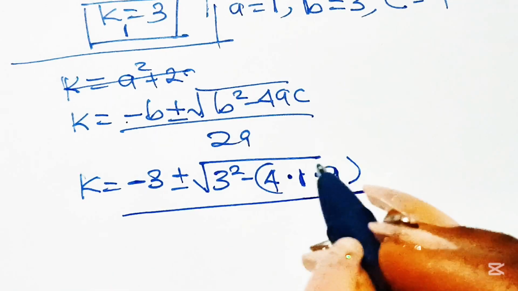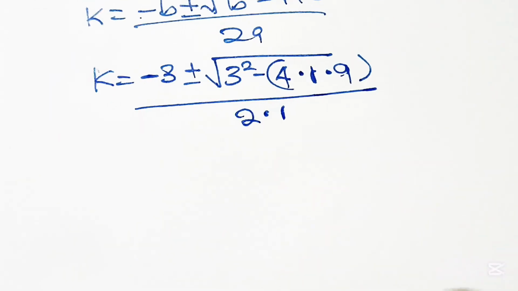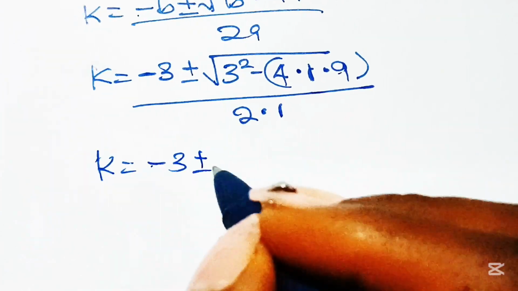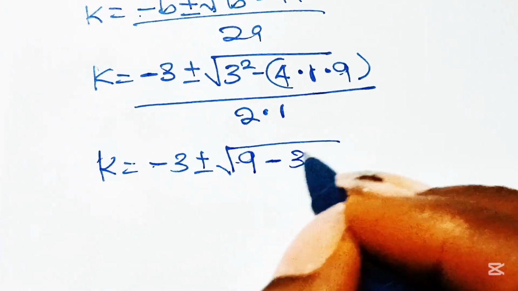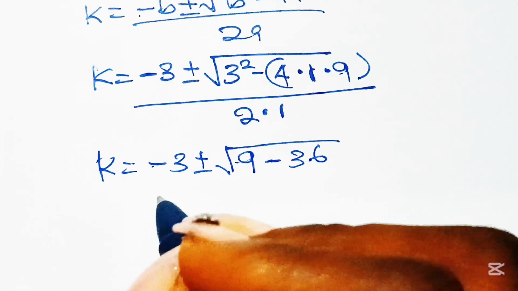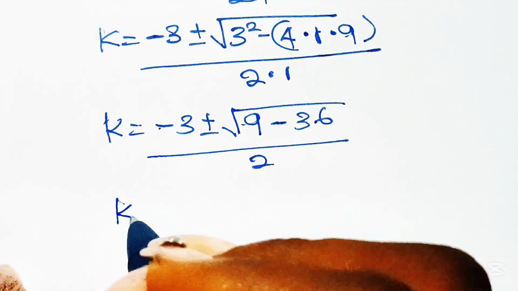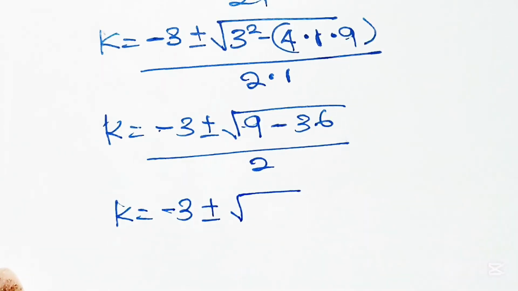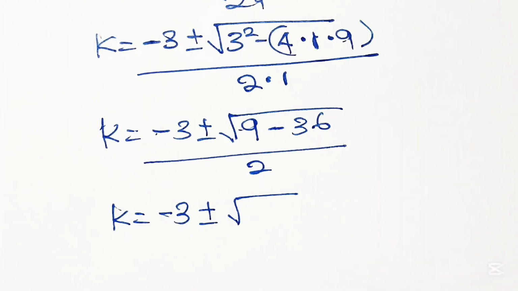Okay, everything divided by 2a, that is 2 multiplied by 1. So we have that k is equal to minus 3 plus or minus square root of 9 minus 9 times 4 is 36, right? Divided by 2. So we have that k is equal to minus 3 plus or minus the square root of, now 9 minus 36 will give us what?